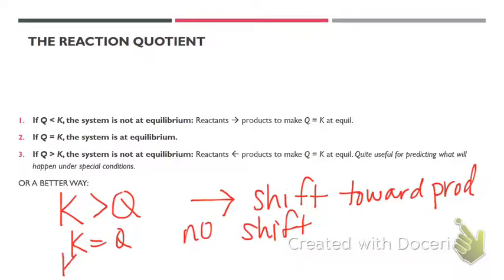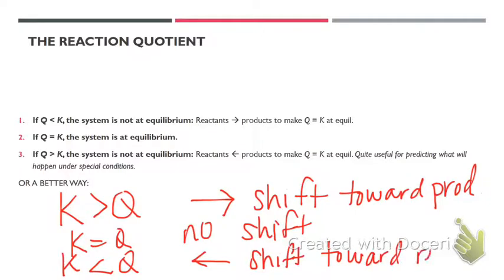And if K is less than Q, then you're going to shift to the left and favor reactants. In books, it's defined the other way. But if you flip them, the way your greater than, equal, less than sign is pointing is the way it shifts. So it's just an easier way to do it. So, yeah. Okay?